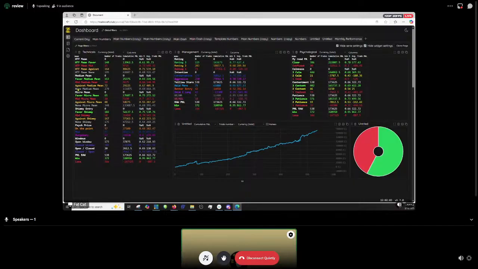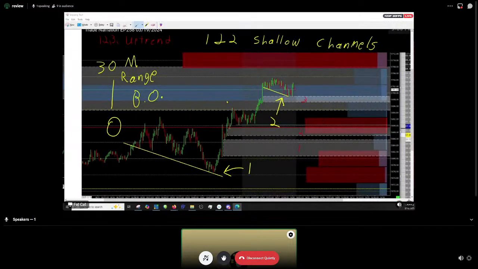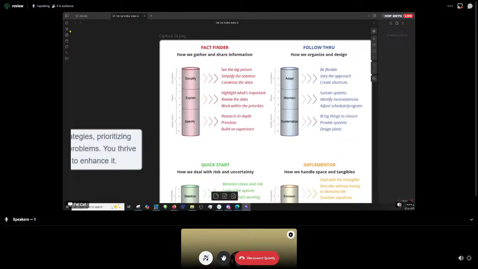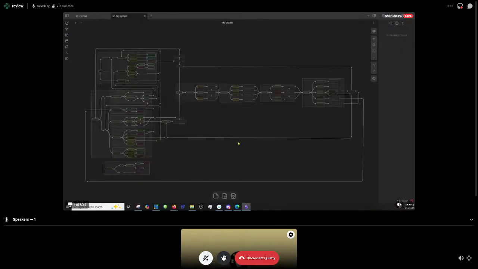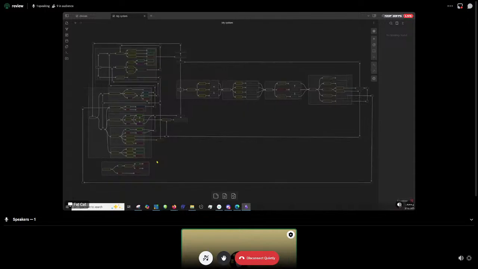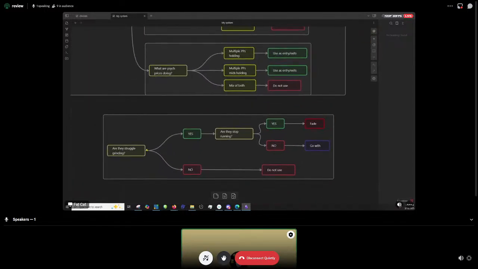If you want to add new tags, you can. The tags I'd be adding on something like this are, I think I've given you this. These are the tags I would probably be adding. Are they struggle grinding, yes or no?